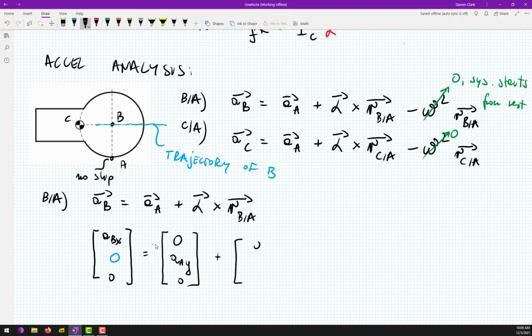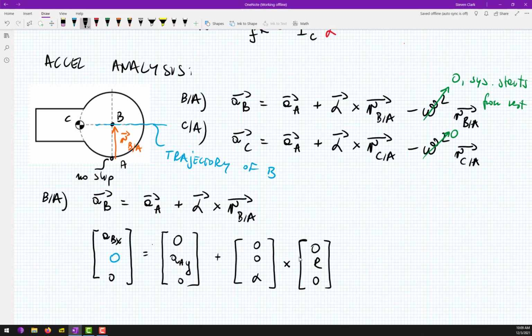Plus 0, 0, alpha times this vector, RBA. So I think it will be this vector, and that vector will be 0, R, 0.